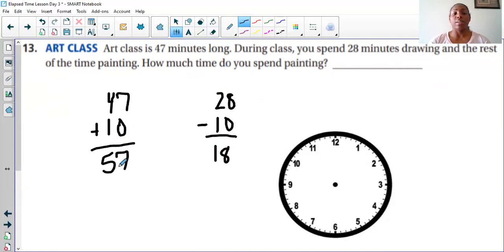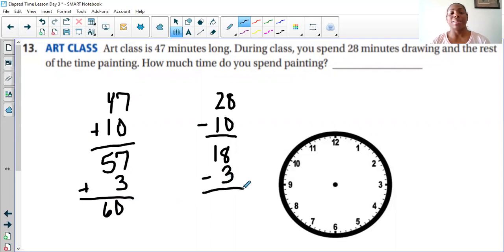So 47 plus 10 gives me 57. I need to keep going. So I know that 3 more minutes is going to get me to the 60-minute mark. So I'm going to add 3 minutes here. And that gets me to 60. So since I just took 3, now I have to borrow 3 from over here.